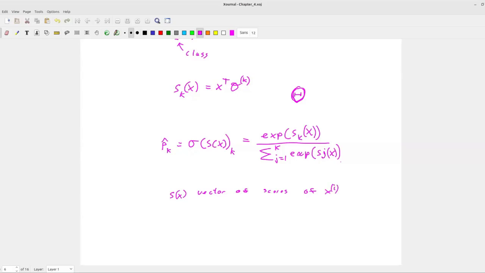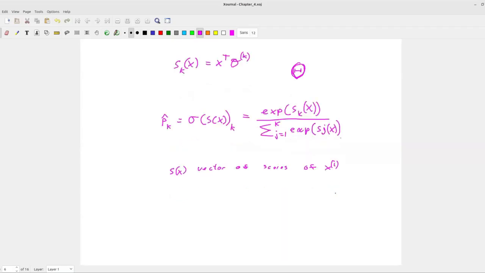And then sigma of s of x signifies the estimated probability that the instance x_i belongs to a class k, or however many classes that you're trying to classify it as, right? So Virginica, Setosa, things like that.